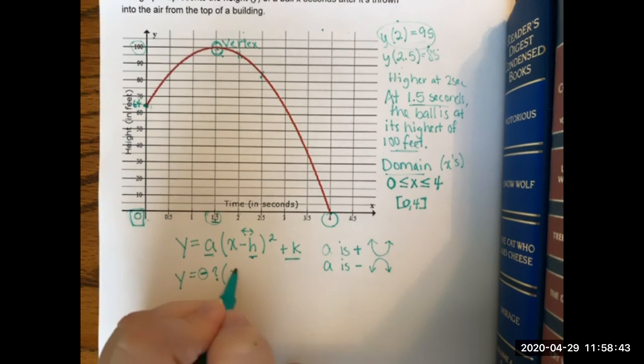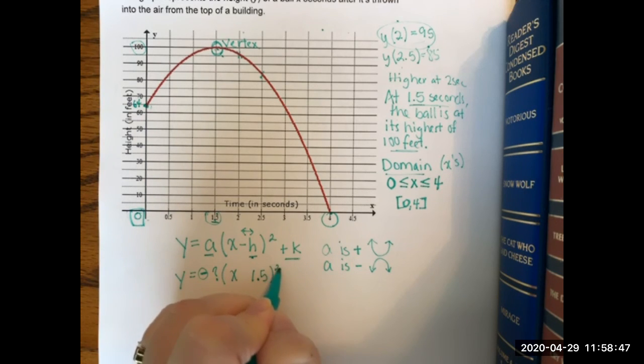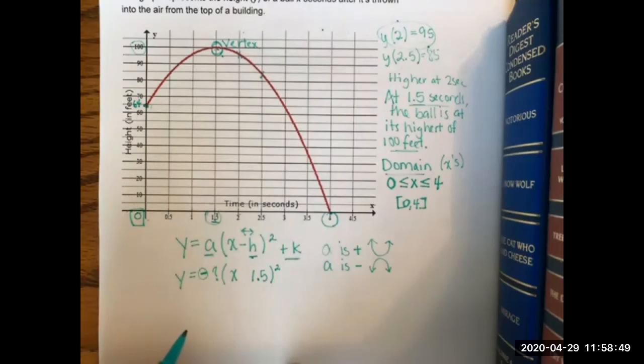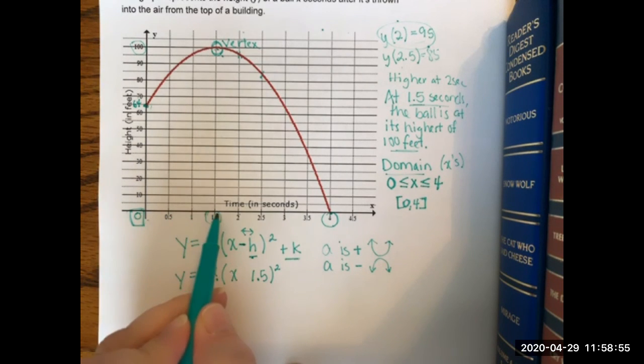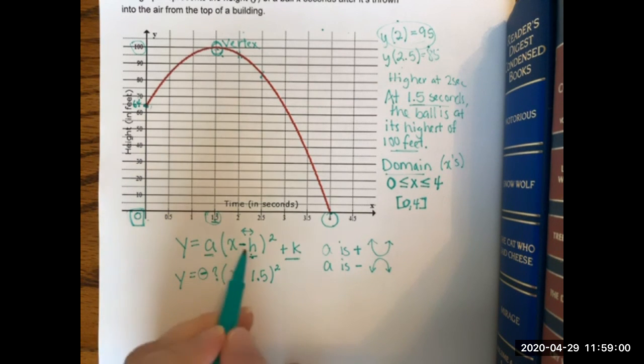So that means that we're going to have a 1.5 right here because that's our horizontal shift. Now, there's a minus sign in here, and we shifted to the right, so we put in a positive 1.5. So if you put a positive in here, that negative's not going to change. Remember, insiders lie, so we're looking at an opposite sign situation.